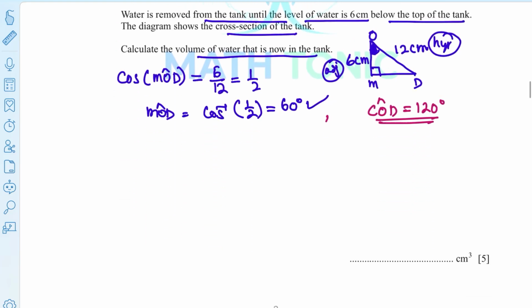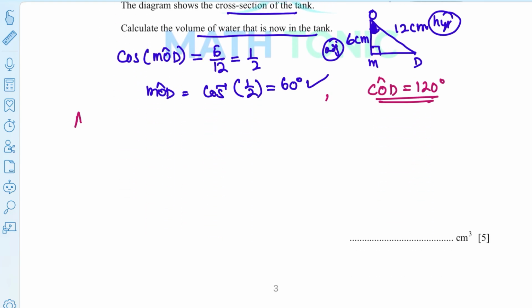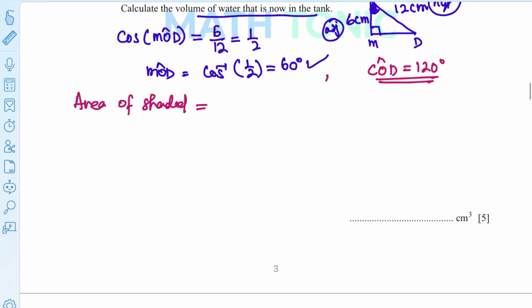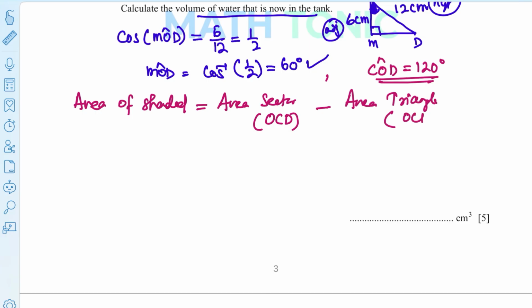So how to find that area? Let me write this down. The area of the shaded one equals the area of this sector minus the area of this triangle. Simple. Clear? Area of the shaded one equals area of the sector, which I'm naming OCD, minus area of the triangle, which is also named OCD.